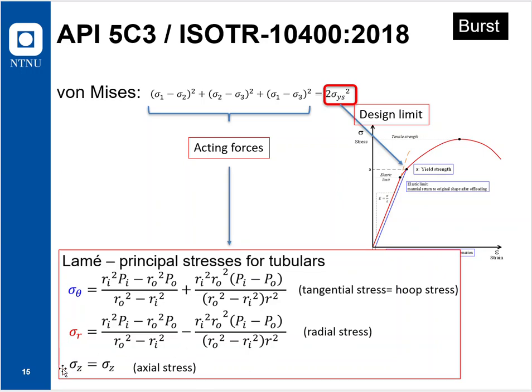And in order to get the actual stress, we calculate what would be the resulting stress from temperature, from ballooning, from all these factors. Then we get the actual component.